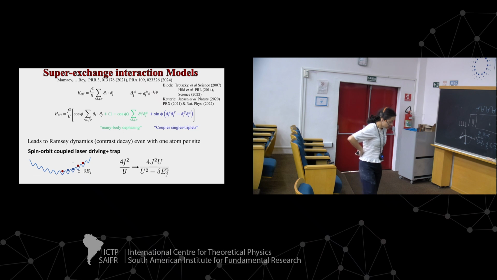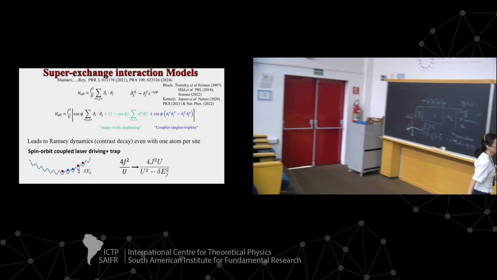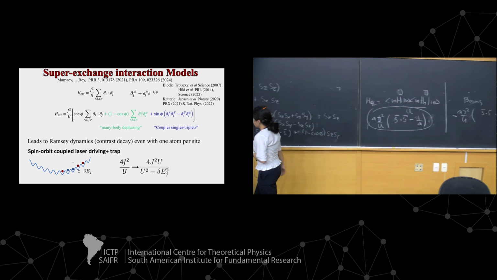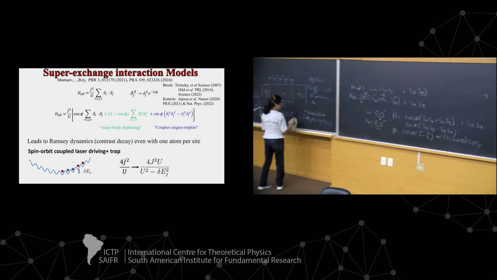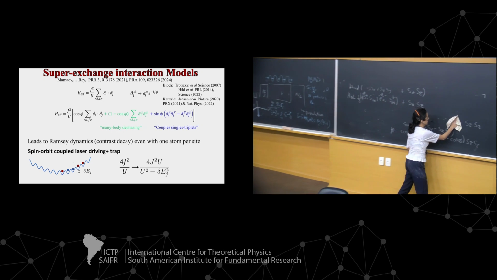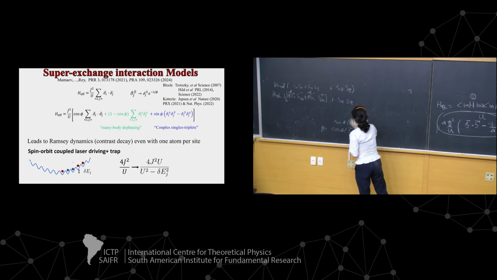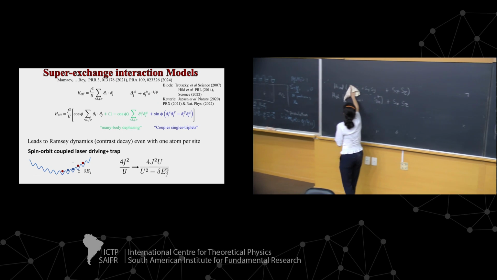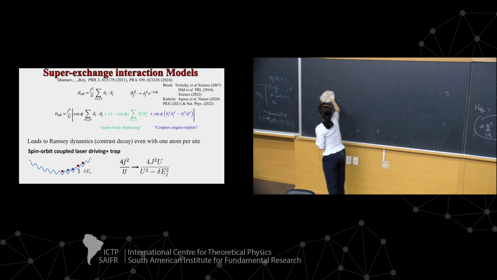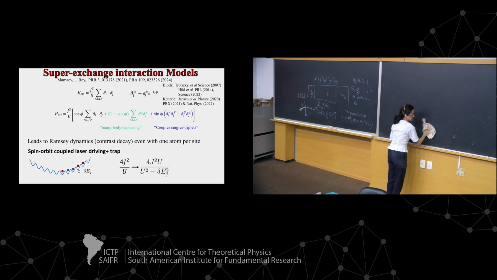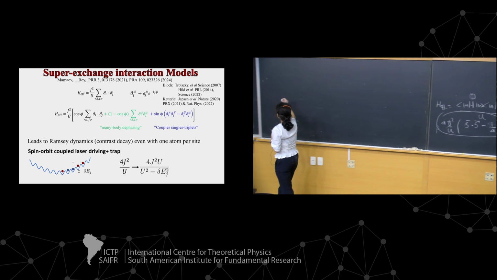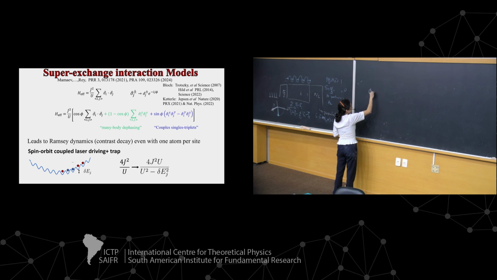So let me ask you, maybe the easiest way to try to understand the dynamics of the system under this Hamiltonian is considering the case where you have phi equal to pi.